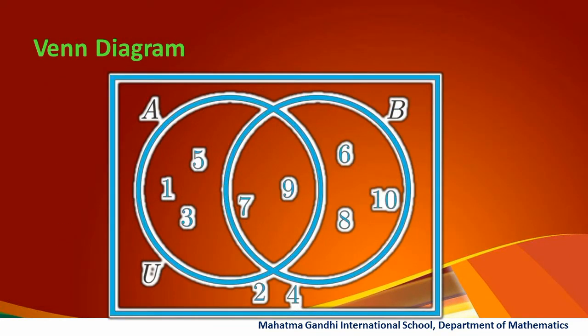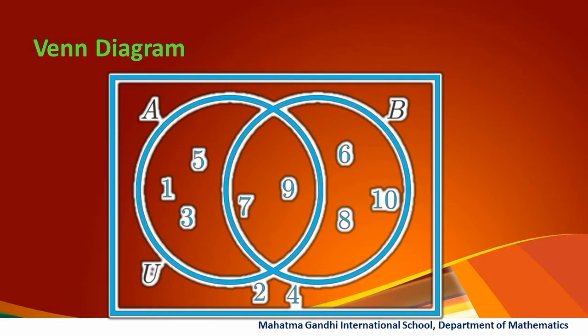Look, this is a Venn diagram. The rectangle represents the universal set. We represent it by the letter U. This universal set U contains all the natural numbers from 1 to 10.